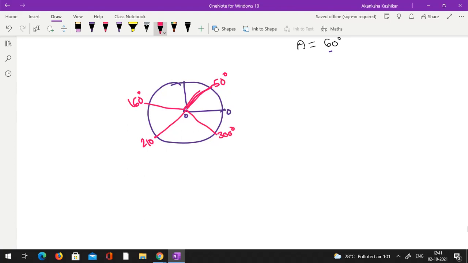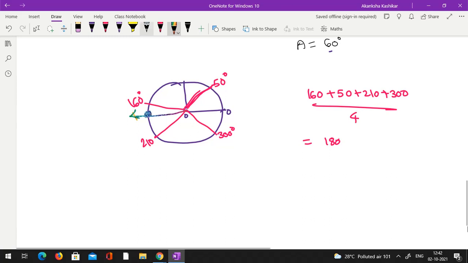Now if I take the mean of all these, what would be the mean? 160 plus 50 plus 210 plus 300, divided by 4. I am taking the simple mean. I think it is 180 degrees. Am I right? This will be 420 plus 300. So yes, 180 degrees. So 180 degrees means my mean direction is now this. Correct? This is my mean point.